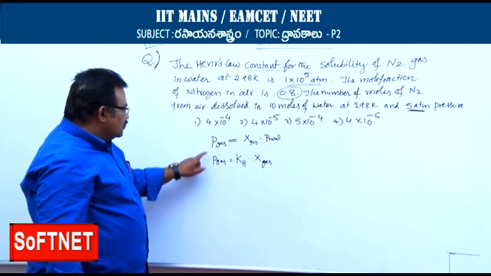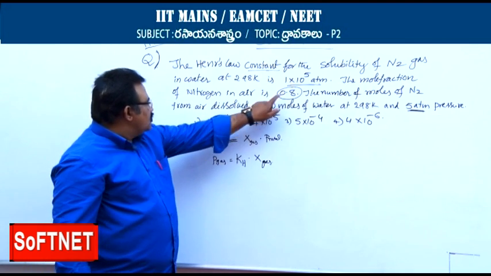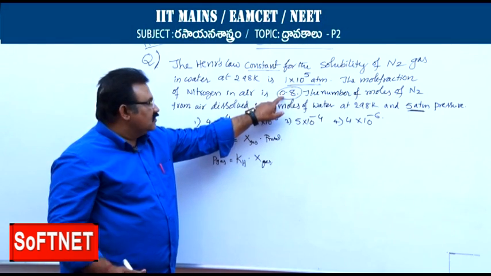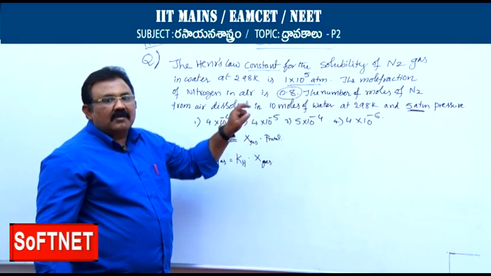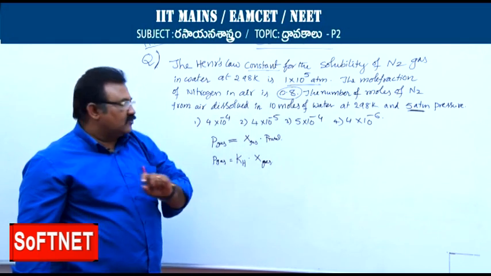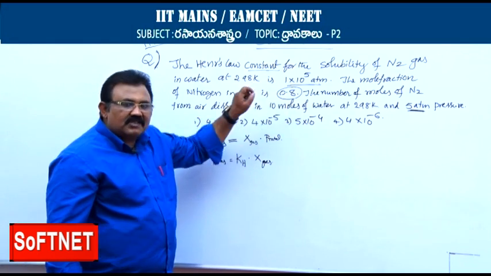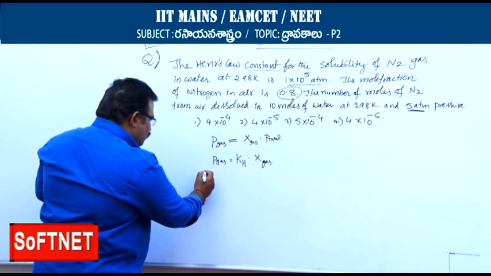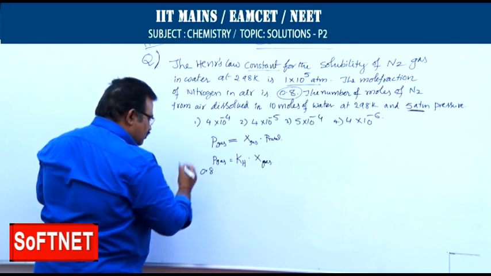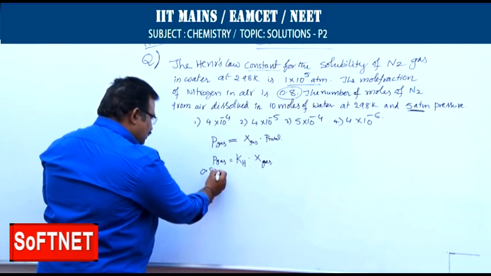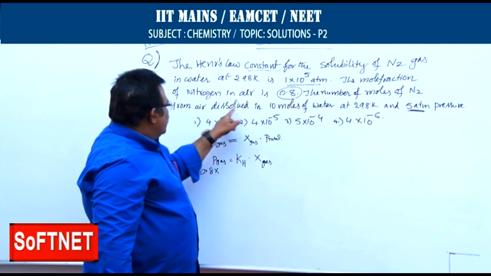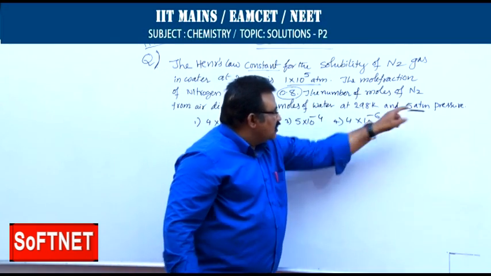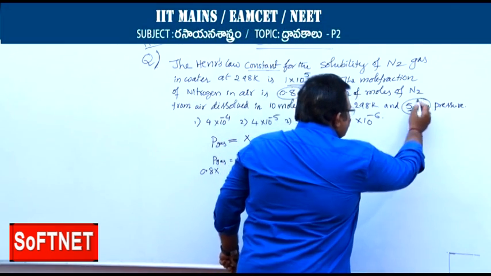Here, air contains 0.8 mole fraction of nitrogen, and the rest would be oxygen. Oxygen mole fraction is 0.2. Here only the nitrogen mole fraction was given. So, for partial pressure, substitute the nitrogen mole fraction 0.8, dissolved in 10 moles of water at 5 atmospheres pressure.